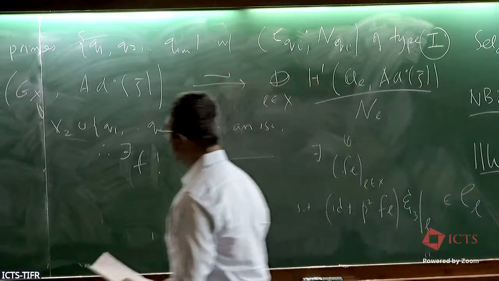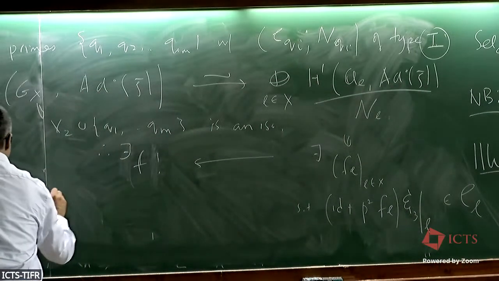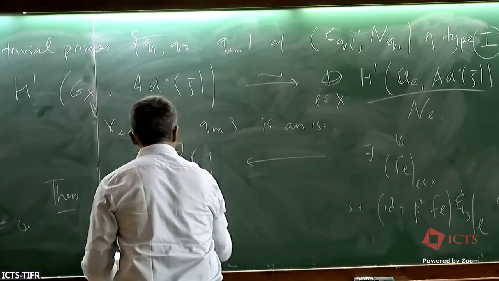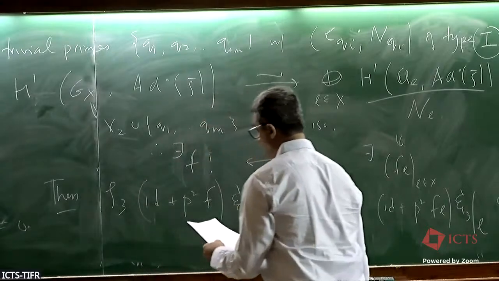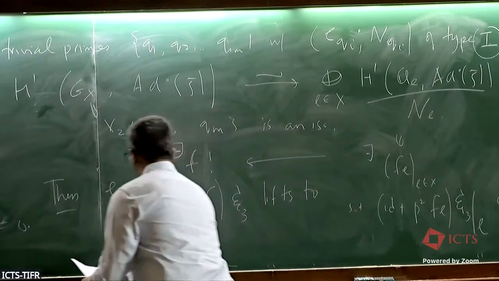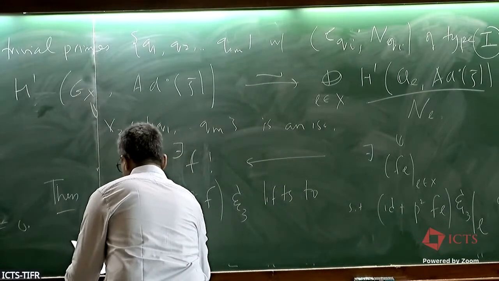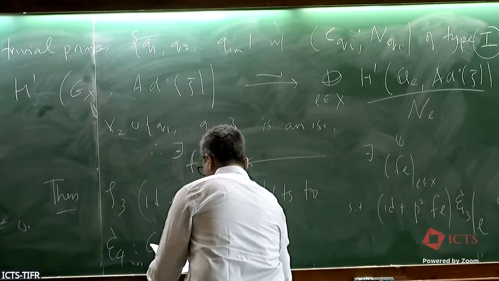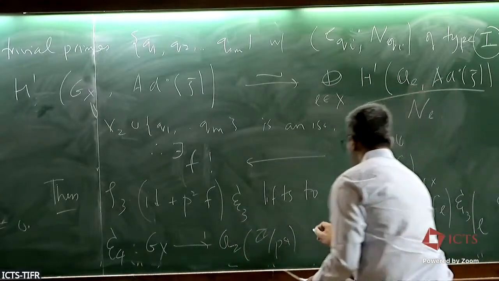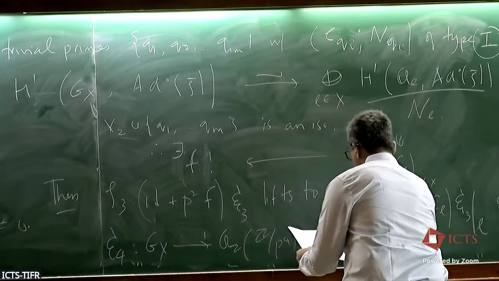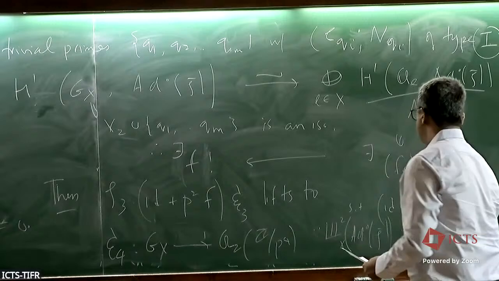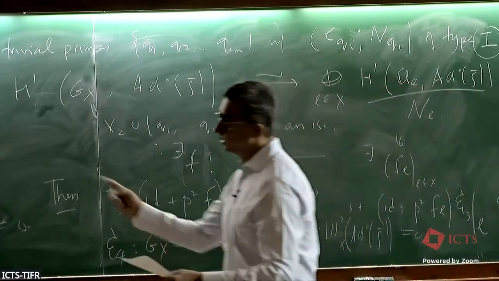And then finally, you let rho 3, same thing, be identity plus p squared F times rho 3, so globally. And this lifts to xi 4, from G_X to GL2 of Z/p^4, since again the obstruction is in Sha^2, but Sha^2 of G_X at ad 0 rho bar, this is the same argument every time, is 0 because it's sitting in Sha^2 of G_X naught, etc. I already did that argument once.